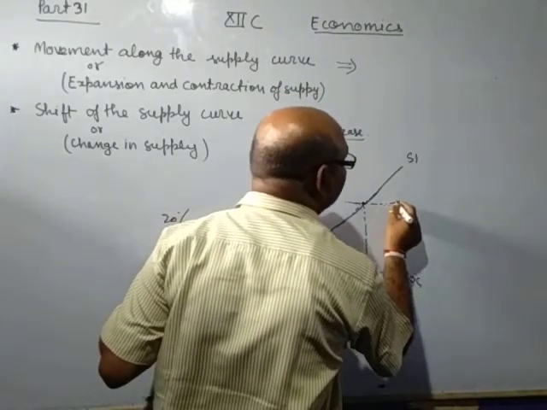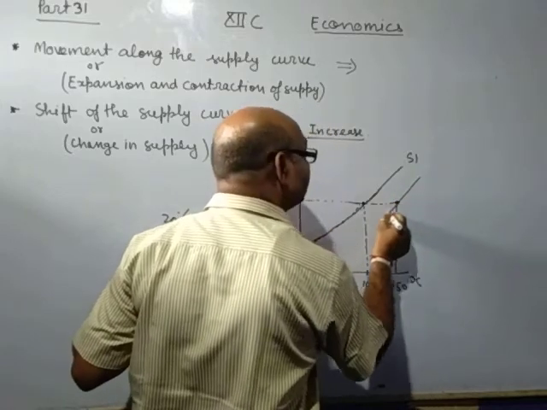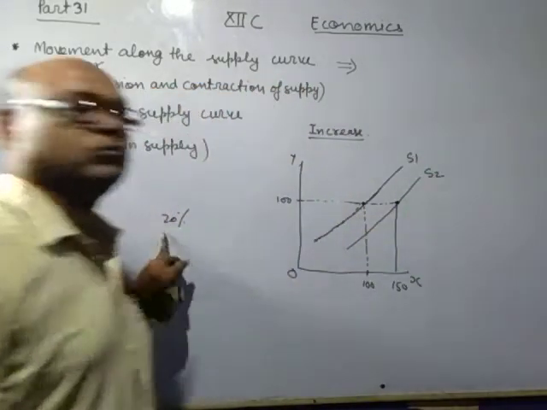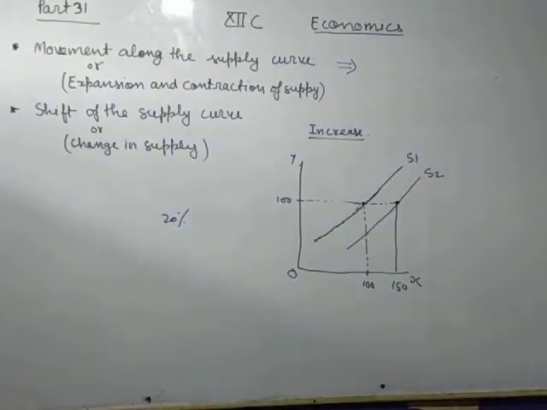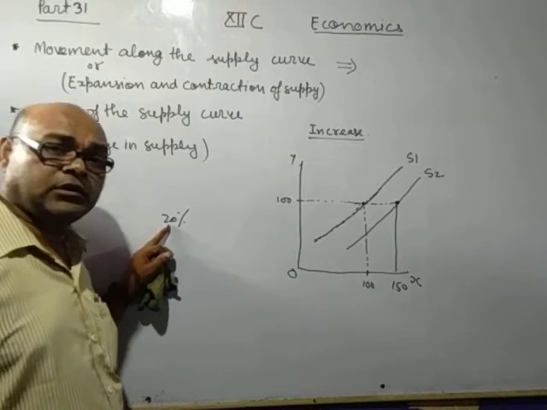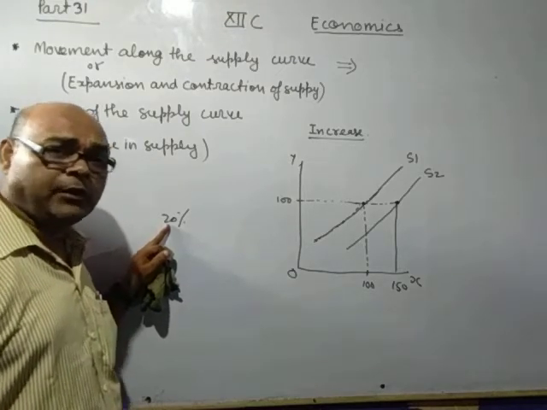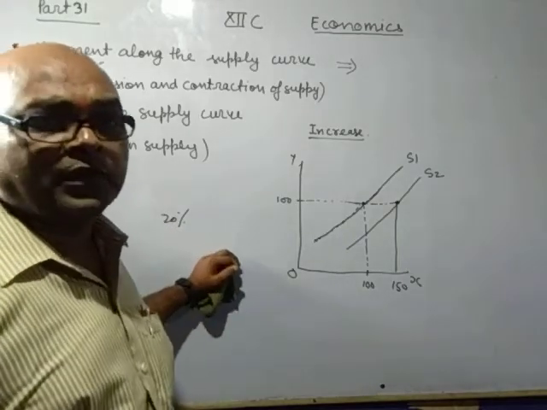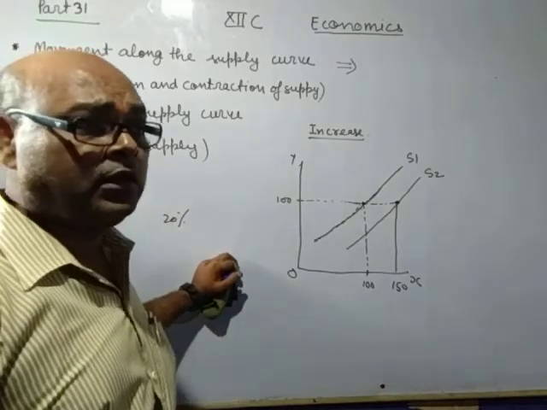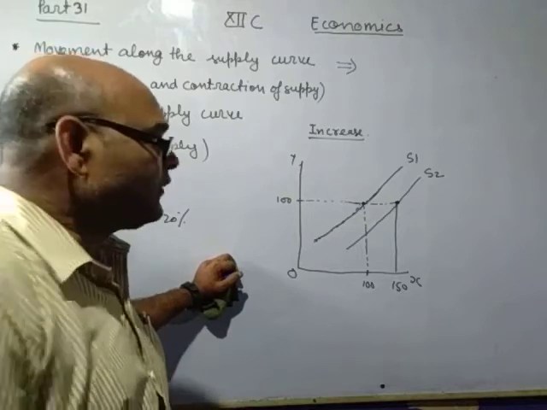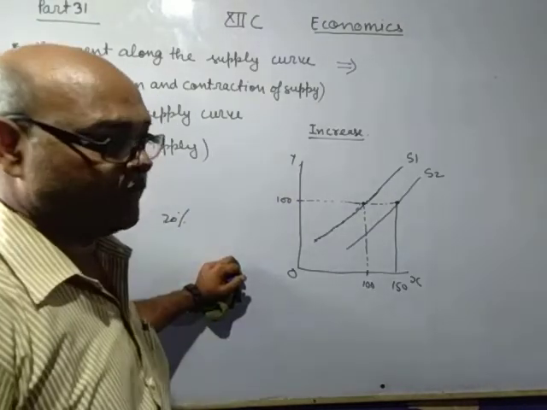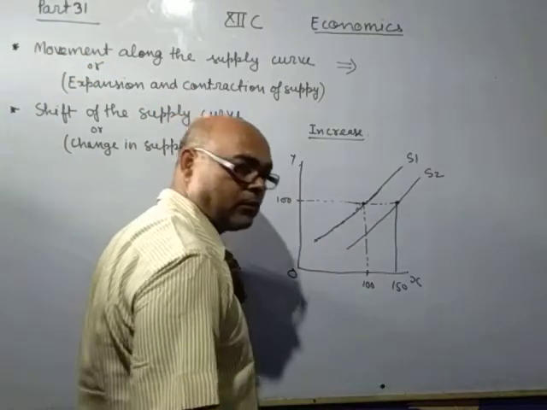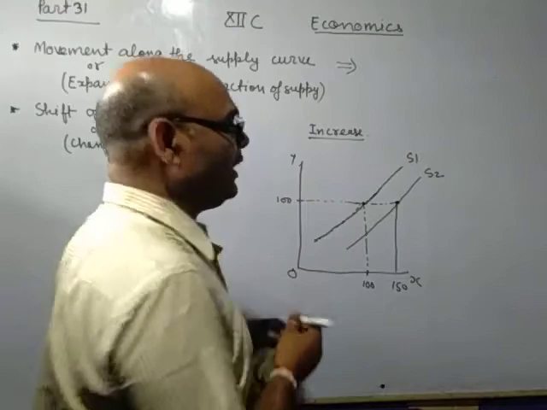So a new supply curve arises. This is supply 2. You are seeing this because the government changed the policy and provided a subsidy of 20%. Suddenly the producer's profit increases by 20% and at the same price he is ready to supply more. So here a new supply line will be drawn.